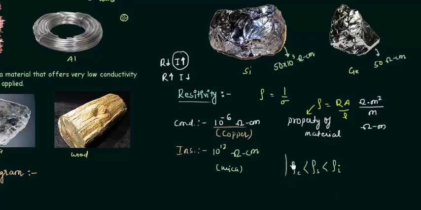So this is the relation that you must keep in your mind, and depending on this we have the flow of current through these materials. The flow of current will be reverse. If I say I is the flow of current for the semiconductor, then it is greater than the insulator and less than the conductor. So this is all for the resistivity.